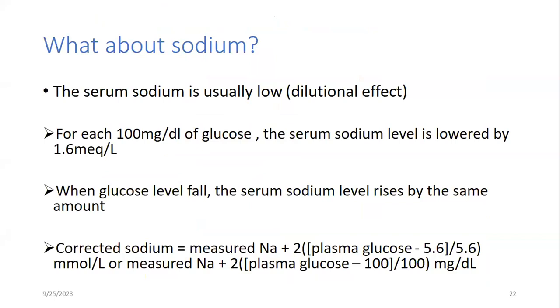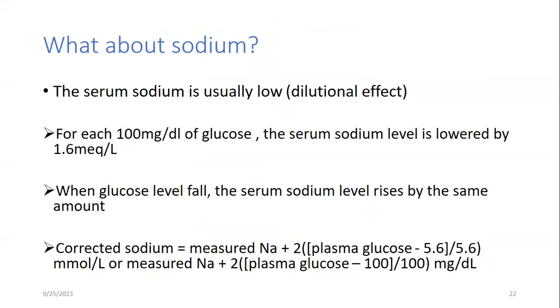What about sodium? The serum sodium usually is low, and this is usually due to the effect of the hyperglycemia. Usually for each 100 milligrams per deciliter of glucose, the serum sodium level is lowered by 1.6 milliequivalents per liter.